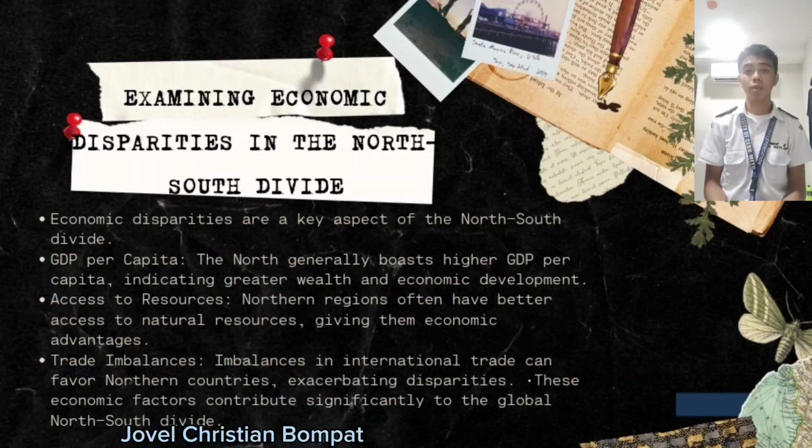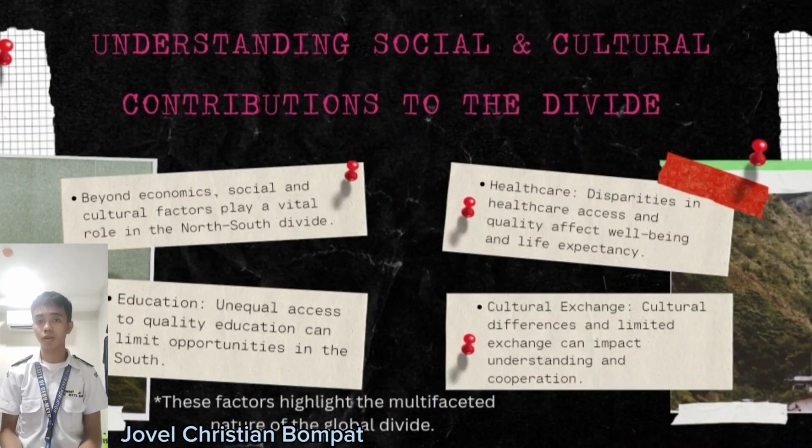Next is trade imbalances. Imbalances in international trade can favor northern countries, exacerbating disparities. These economic factors contribute significantly to the global North-South divide. So, in the next slide, we will talk about understanding social and cultural contributions to the divide.